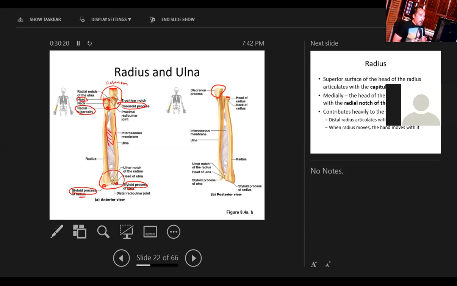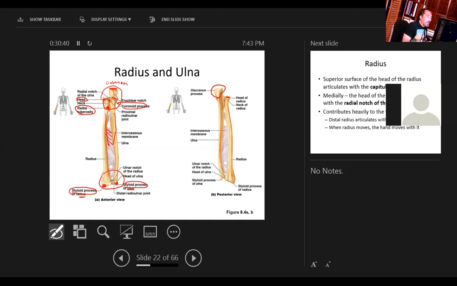On to the leg. Remember, I said same architecture. The radius and ulna are at the end of the limb. The leg is the end of the limb, okay? On the leg, there's two bones also, tibia and fibula. And they also have this type, but that's actually bigger.